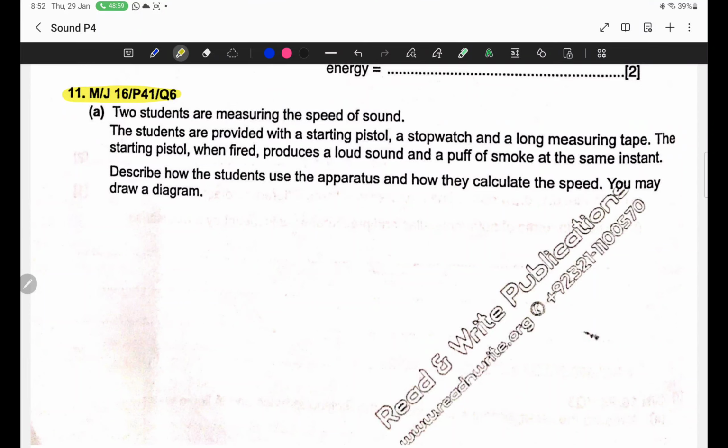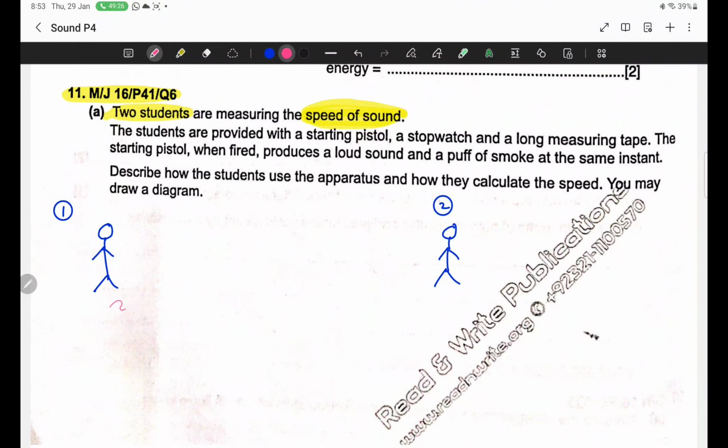This question is known as speed of sound. In this question, there are two students: student number one, and another student, student number two.